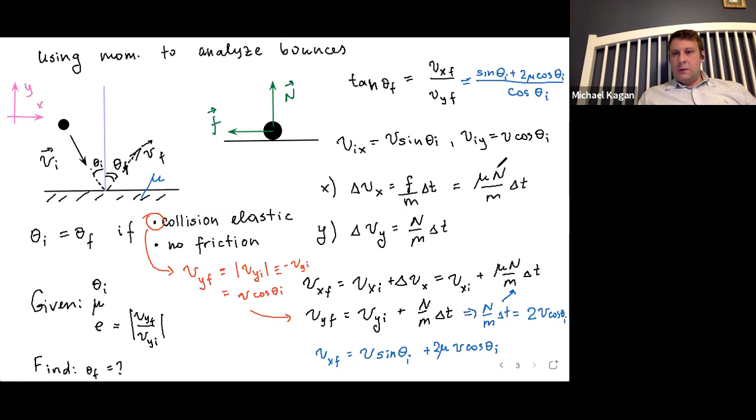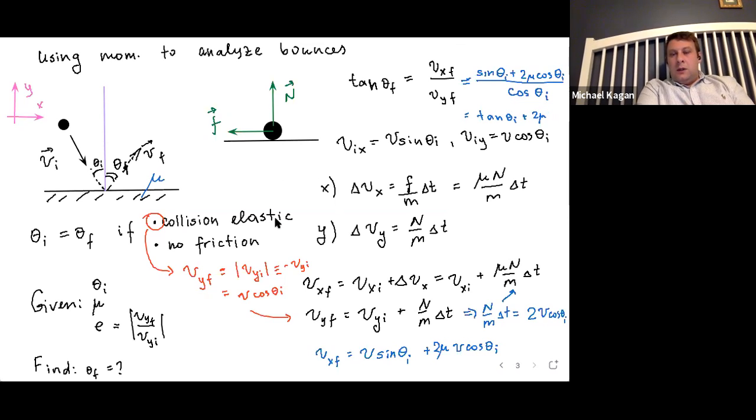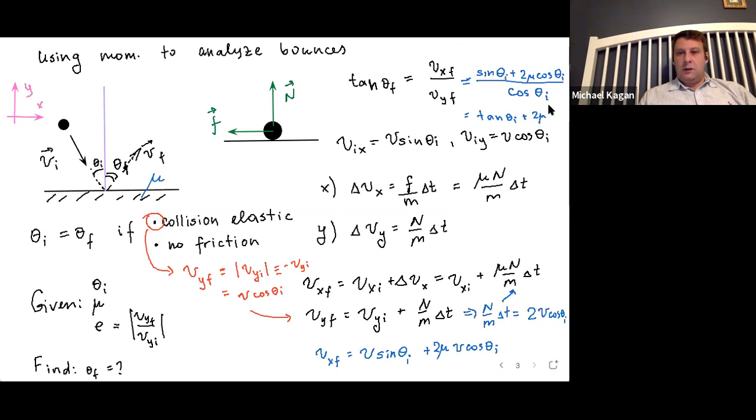Does this make sense, folks? We can probably just massage it a little bit more and say that this is tangent of theta initial plus something extra, plus 2 mu. So you see that there is a change in the tangent equal to 2 mu.